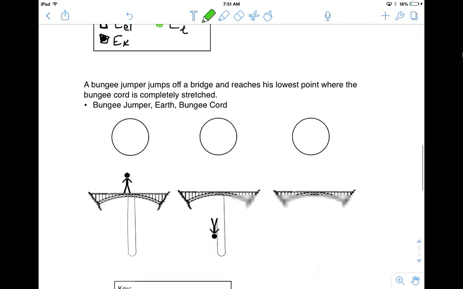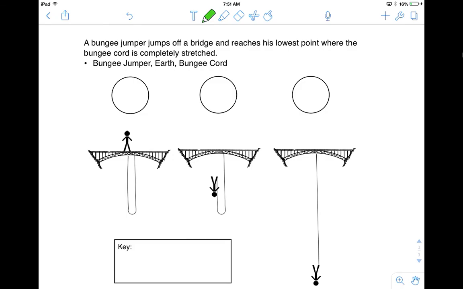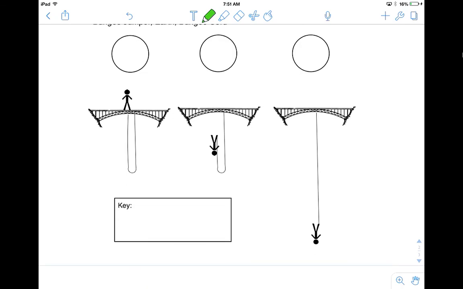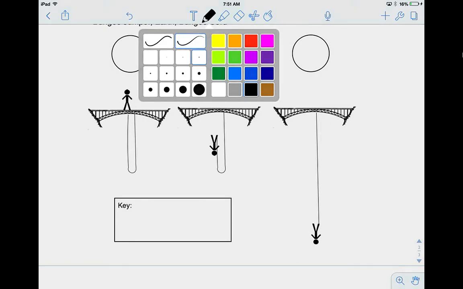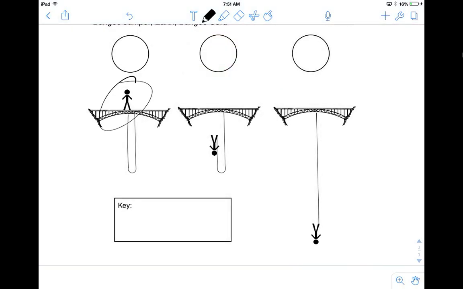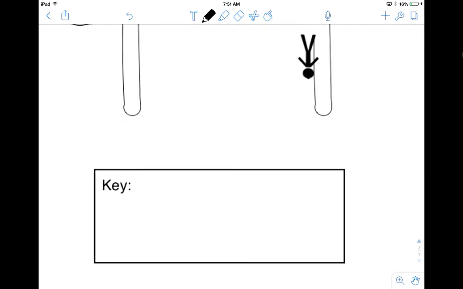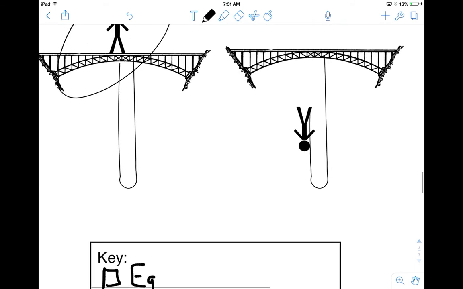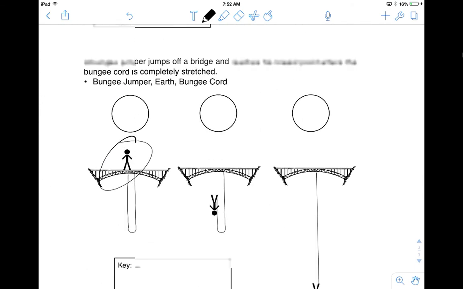Okay, close to done. All right, a bungee jumper jumps off a bridge and reaches his lowest point. If he is standing on top of a bridge and he's not moving, that means he has all gravitational potential energy, EG. So right now I'm going to leave his circle white because he's all gravitational potential.